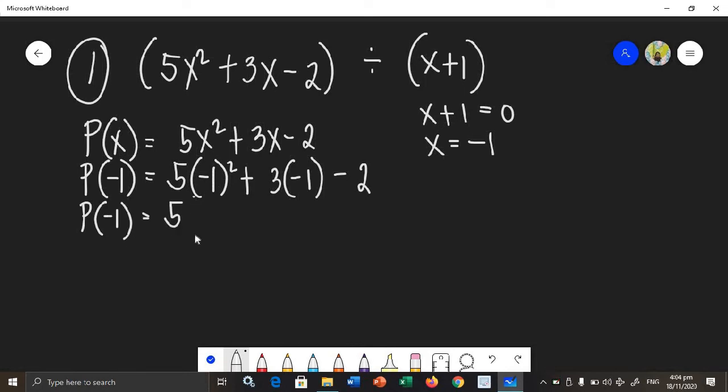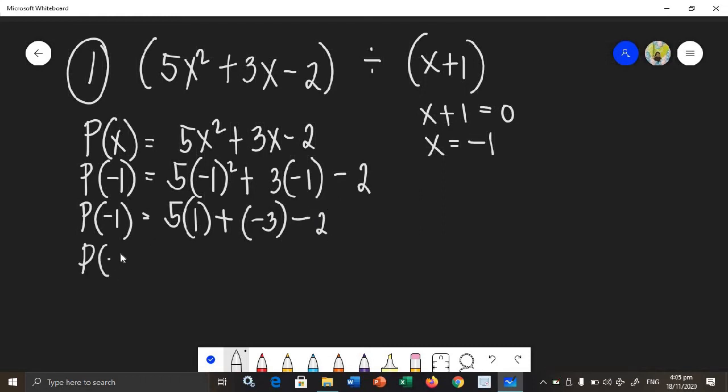So we have p(negative 1) and then 5. Negative 1 squared is 1. Plus 3 times negative 1 is negative 3. We put parentheses to separate the operational sign from the sign of the number. Then minus 2.